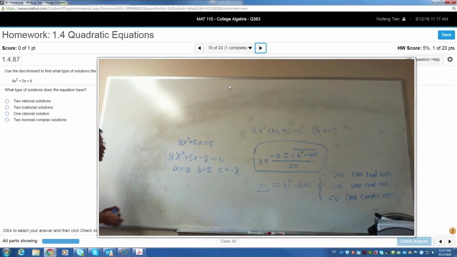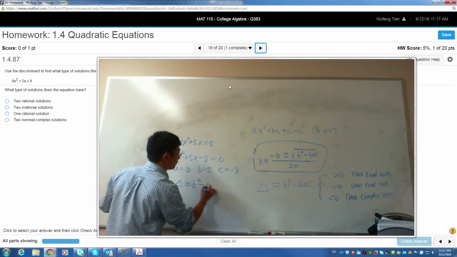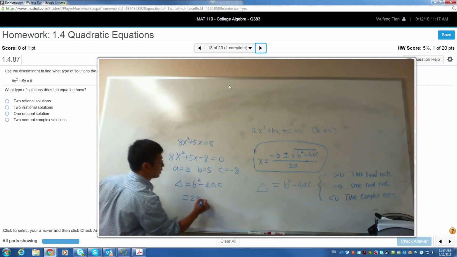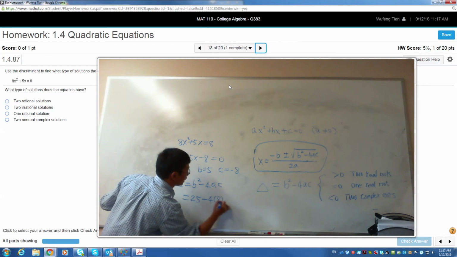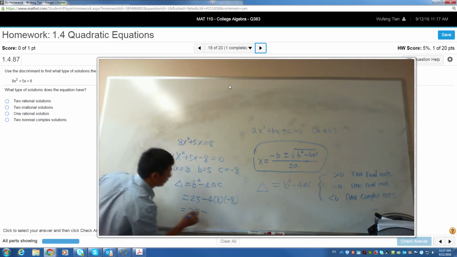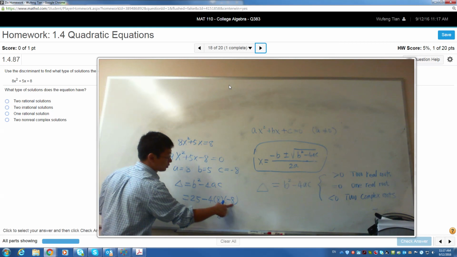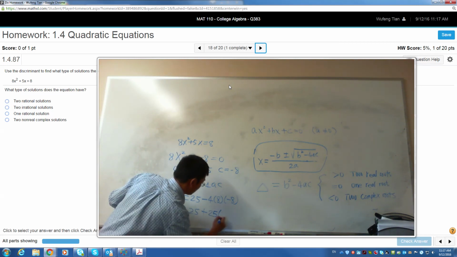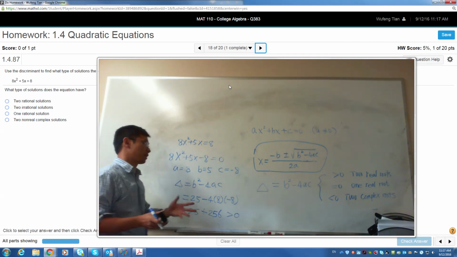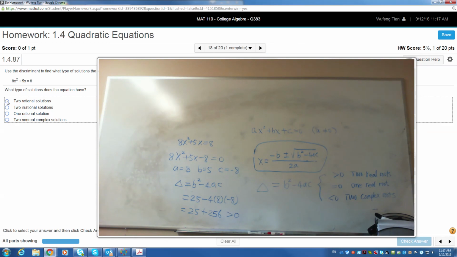Now we use the discriminant: delta equals b squared minus 4ac. b squared is 25, minus 4 times 8 times negative 8. Using your calculator, this is 25 plus 256. You can tell this is positive, so it has two real roots.